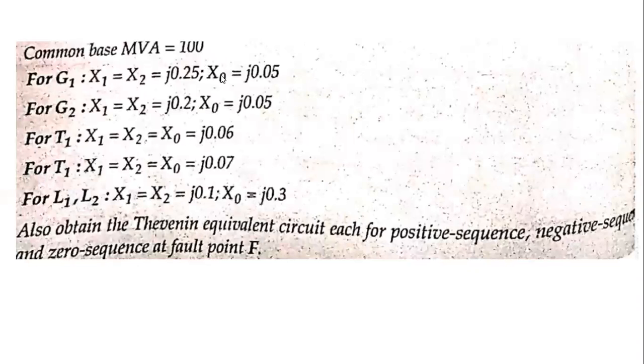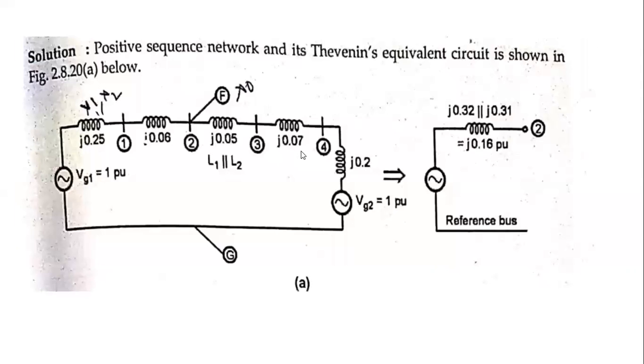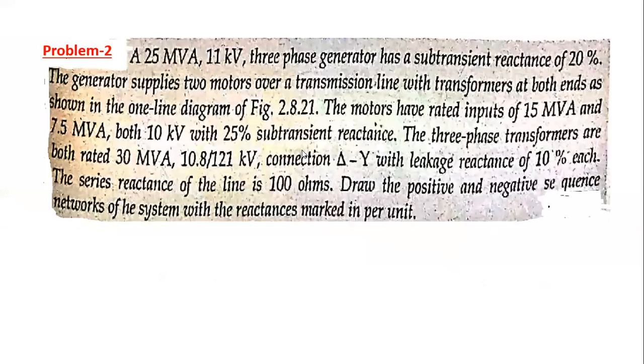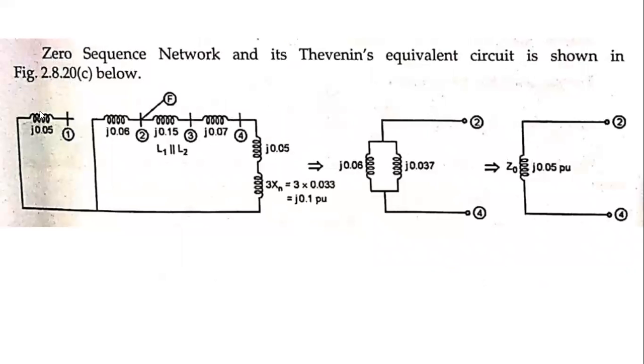For the zero sequence, that is X naught. What is the value for that X naught? That is J0.05 for generators. This is the X naught value. The generator's equivalent zero sequence network is only the reactance, that is X naught.